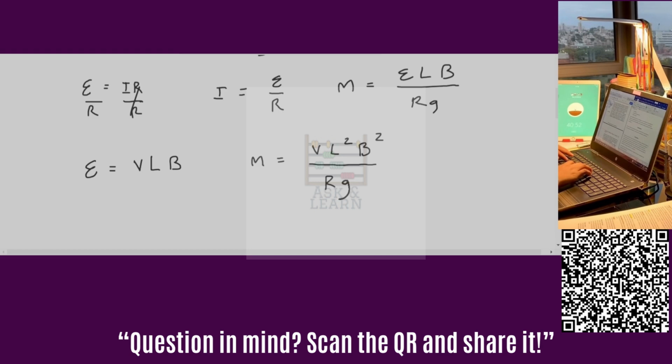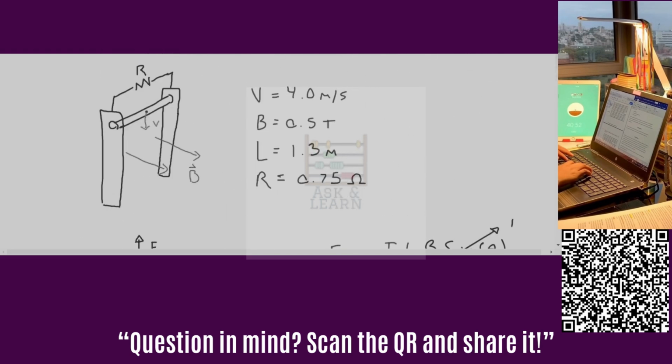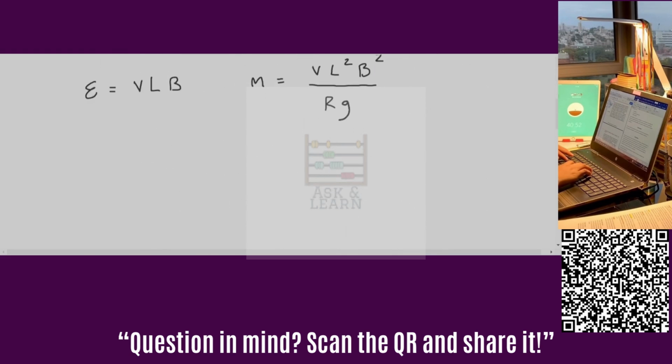We have the velocity, length, strength of the field, resistance, and gravity, which is just 9.81 meters per second squared. These are all in the correct units, it looks like, so we can just go ahead and plug them in.